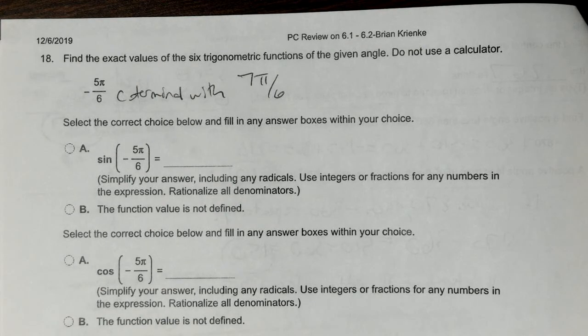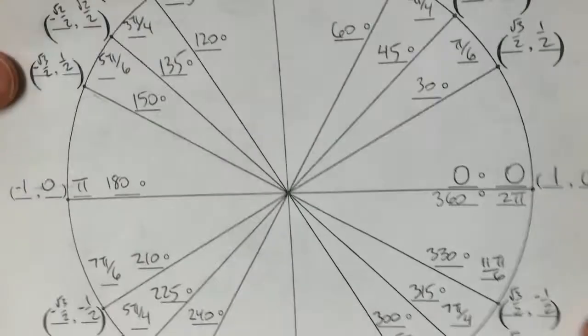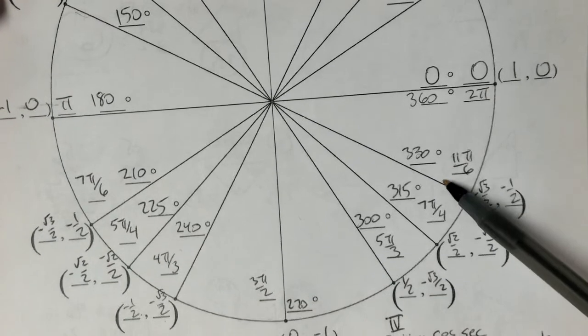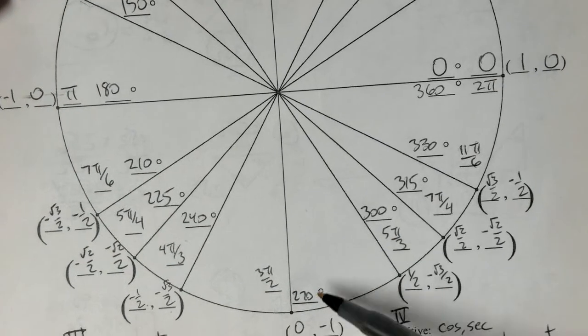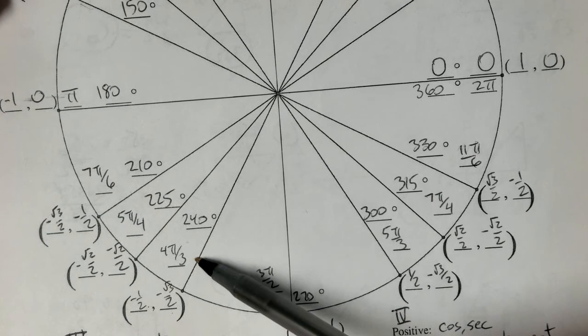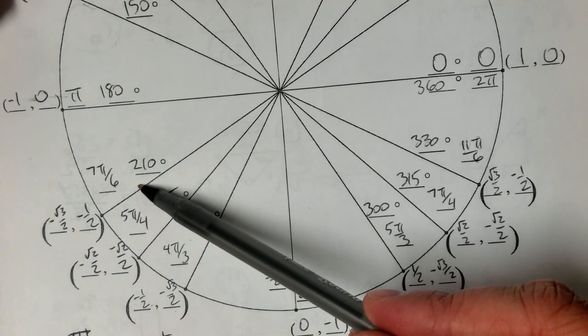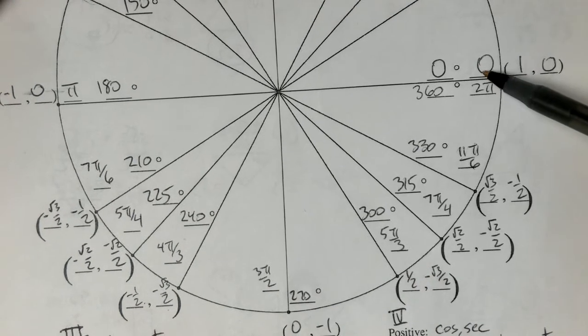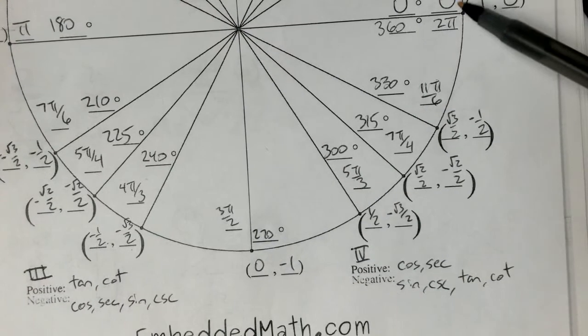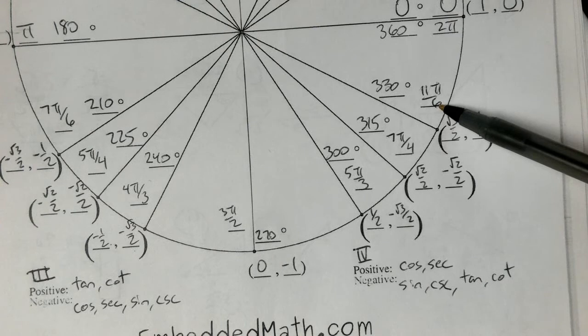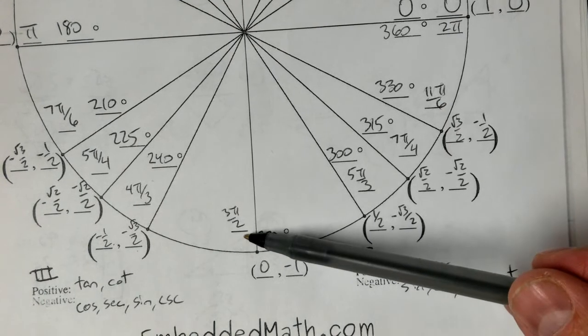The other way to do that is just to count backwards 5 pi over 6, like 1 pi over 6, 2 pi over 6, 3 pi over 6, 4 pi over 6, 5 pi over 6, starting at 0. The hard part is you have to use the denominators of 6, 3, and 2.